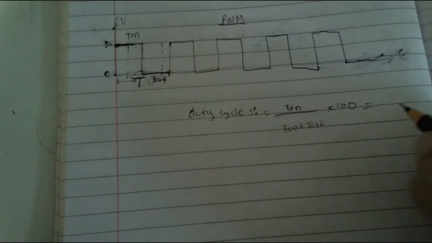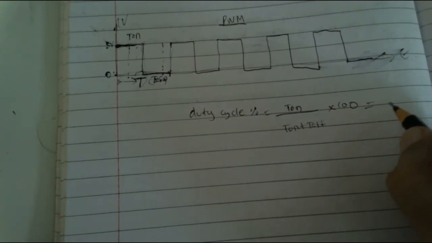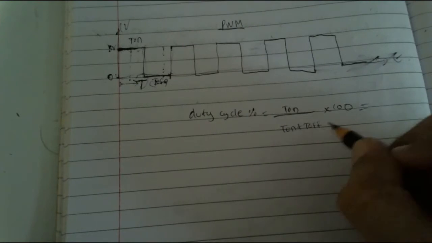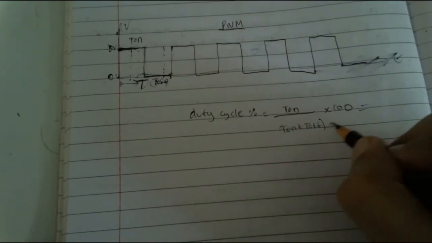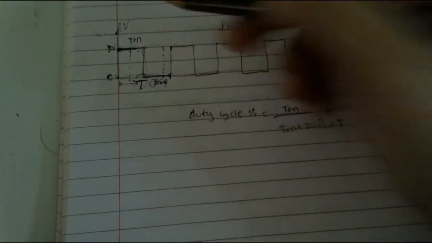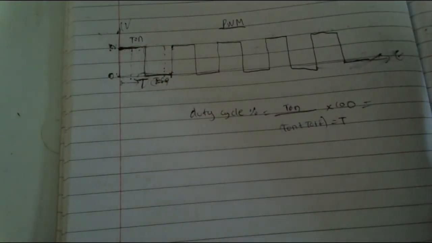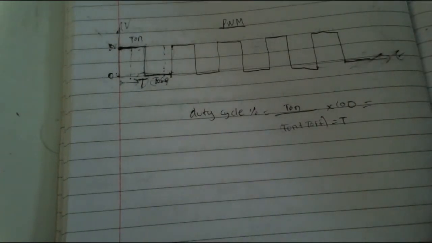That gives us our percentage duty cycle. So the percentage of time it's on is called the duty cycle.